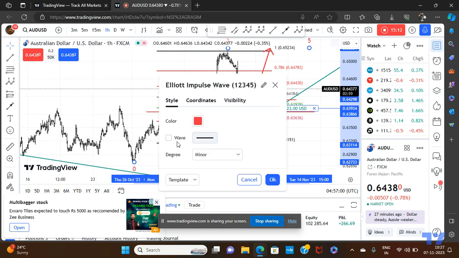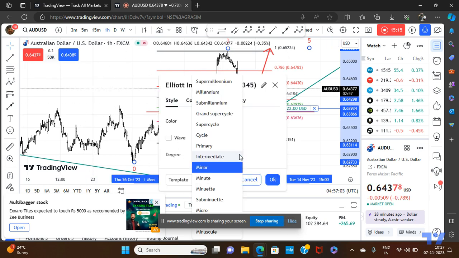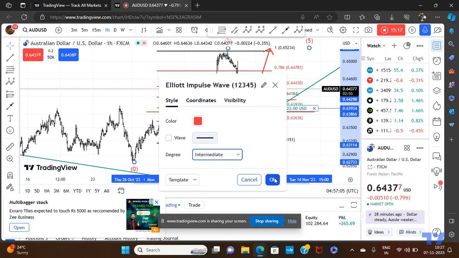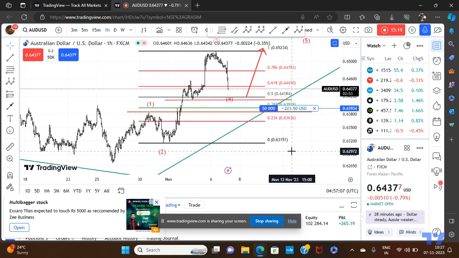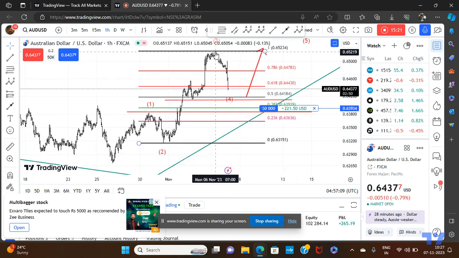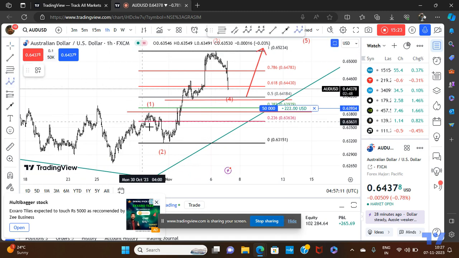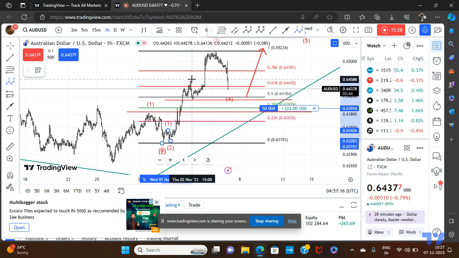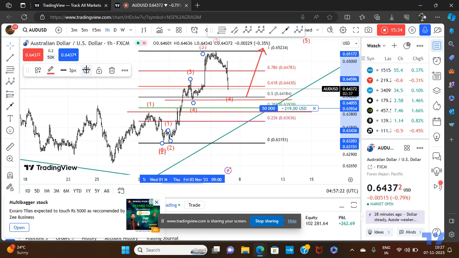I want to see this is an intermediate degree. I'm just taking it as an intermediate wave, and the third wave is this. Again, what I'm doing is one, two, three, four, and five. These are minor waves.